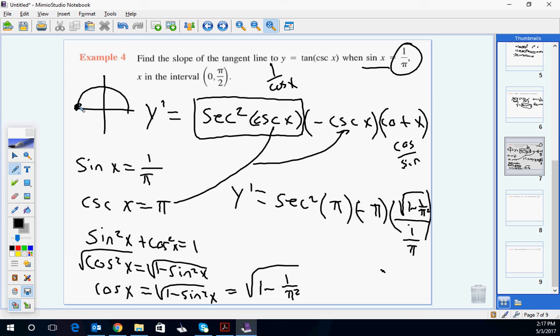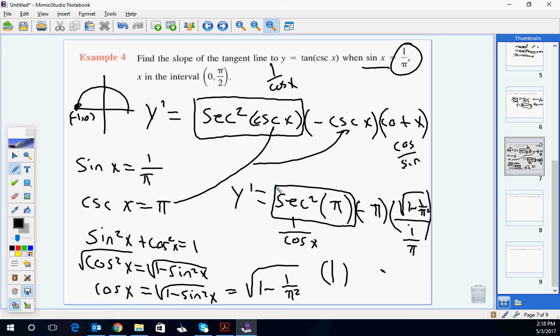So we look at cosine of pi on the unit circle. That's pi over 2, and this is the point -1, 0. So 1 over -1 is -1, but we're squaring it, so we're back to 1. This thing right here is just a 1.